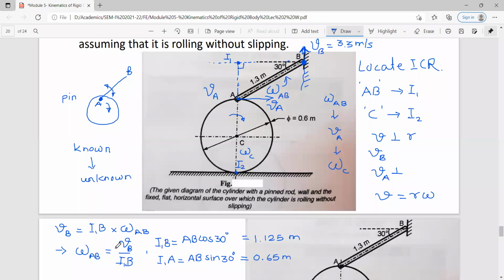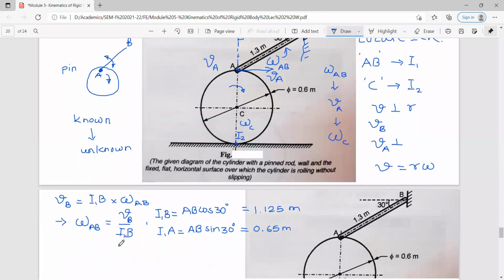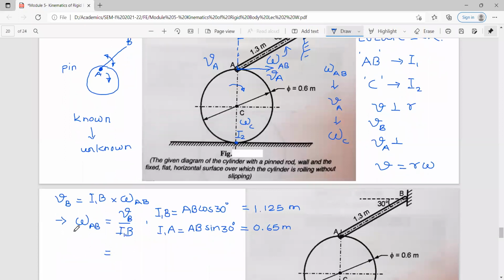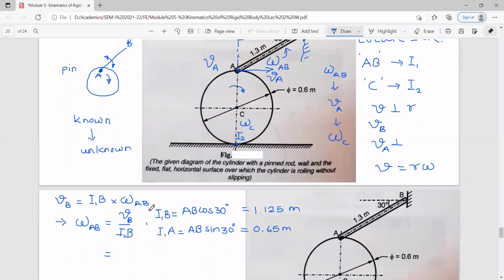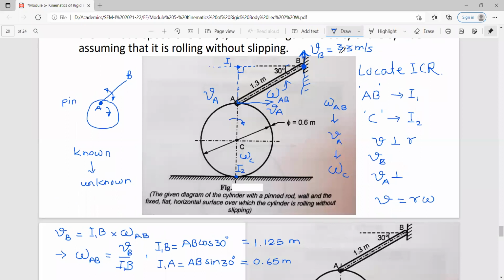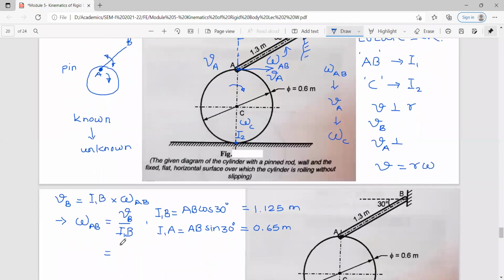So here we have the angular velocity of AB. The velocity of point B is given here, 3.3 meter per second. 3.3 upon I1B, which is 1.125.